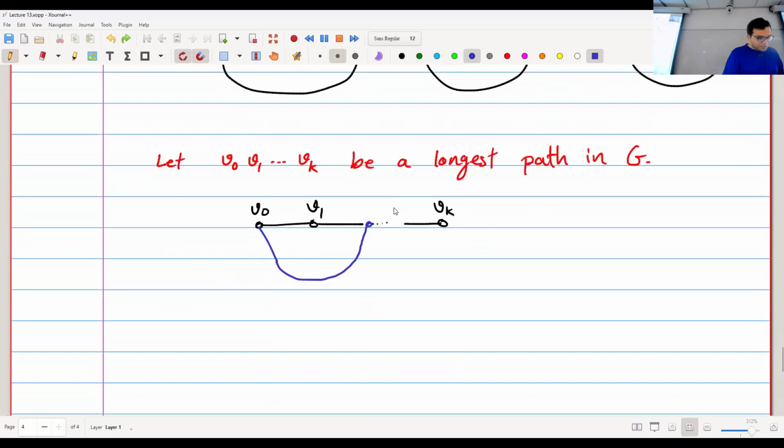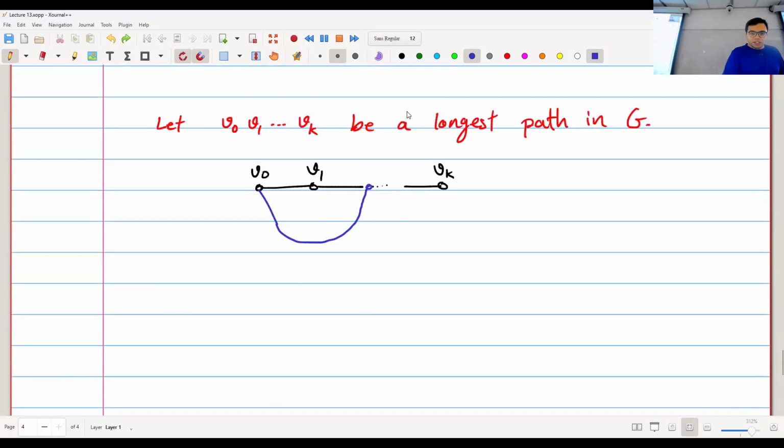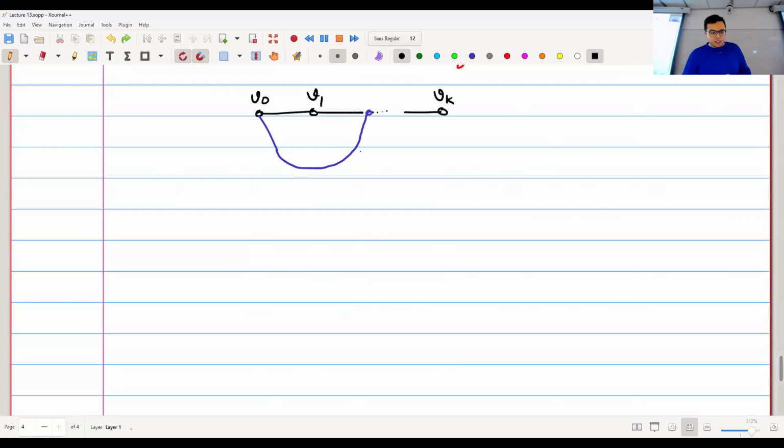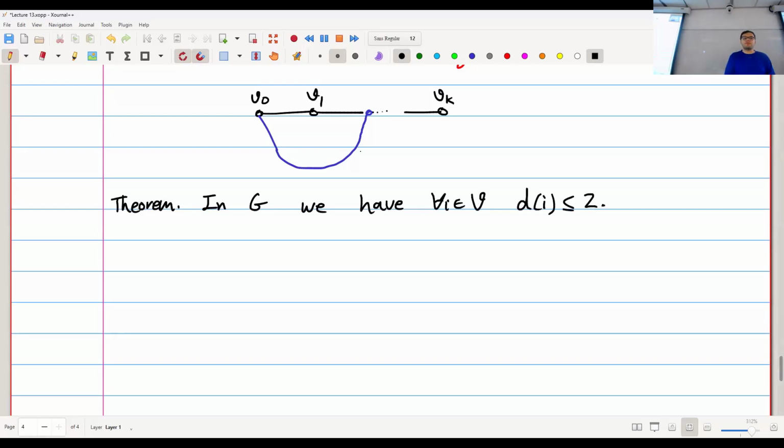Now, here's kind of the opposite scenario. So let's say that the degree of every vertex is at most 2. So in the graph G, we have that for every vertex I in the set of vertices, the degree of I is less than or equal to 2. Okay.